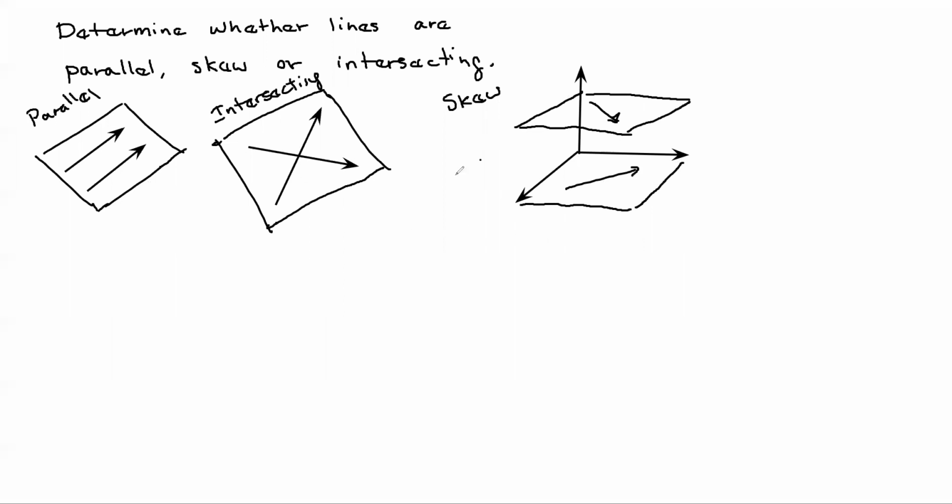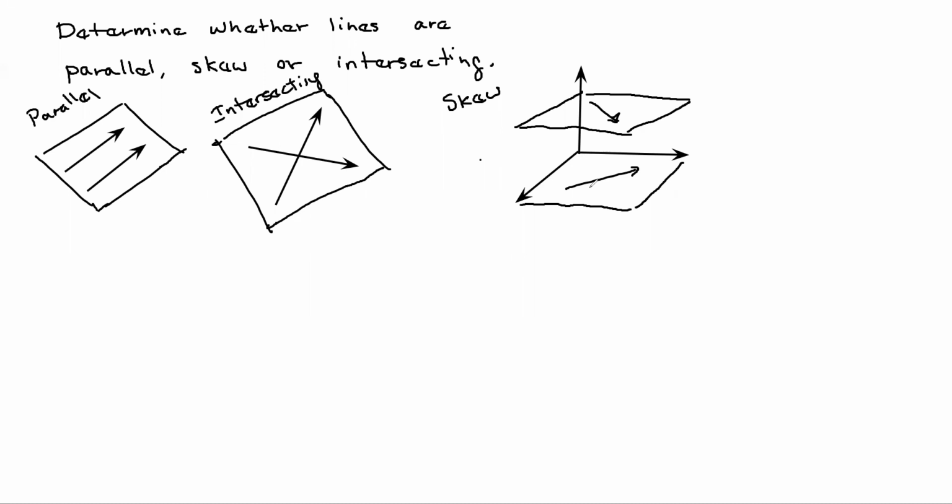Okay, and these are the only three possible types of situations with two lines. Either two lines are parallel, and then they sit on one plane but never intersect. They're intersecting, so they sit on one plane and they do intersect, or they're skew. They sit on two planes that are parallel. Those are the only three possibilities. You can play around with this with your arms in the room.